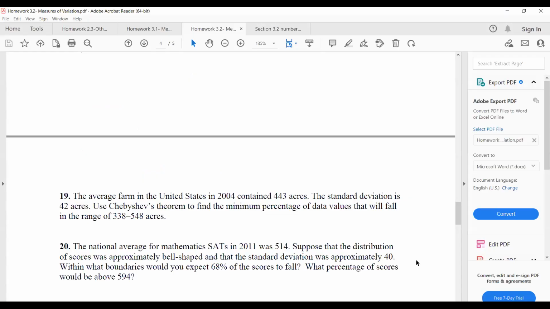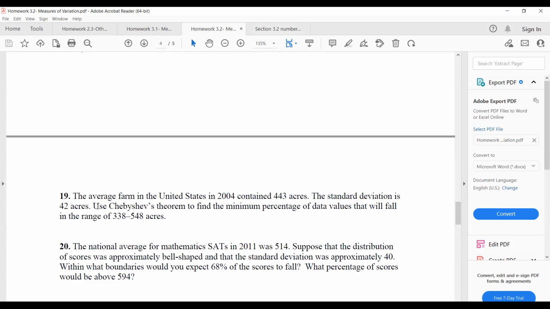The average farm contained 443 acres. This 443, what is that? That's your mean. The standard deviation is 42. Now, is that S or K? That's S, because it's not a number of standard deviations, it's how much each one is. So that's S.